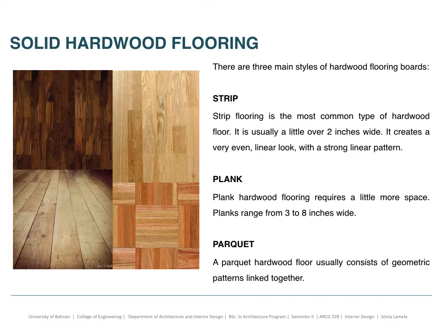Planks range from 3 to 8 inches wide. And then we have the parquet, which consists of geometric patterns linked together. On the left side, you can see the different examples. Now, this is for solid hardwood flooring, which is a solid piece of wood.